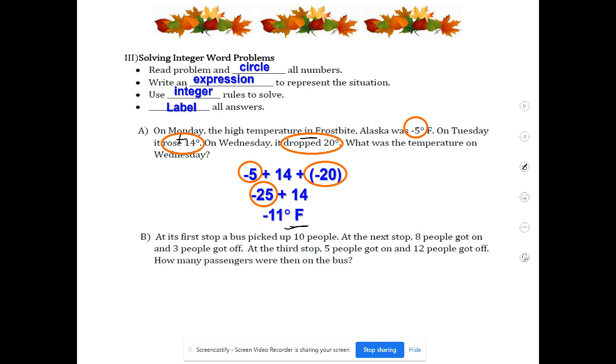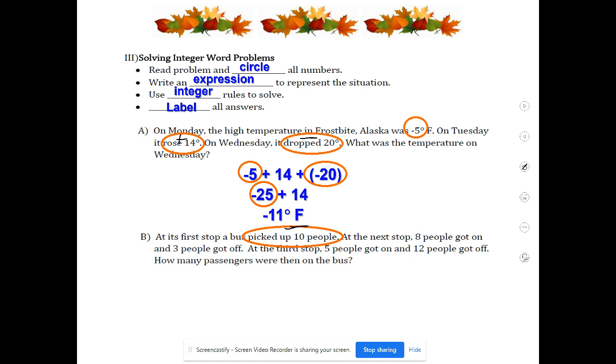Letter B says, at its first stop, a bus picked up 10 people. At the next stop, 8 people got on and 3 people got off. At the third stop, 5 people got on and 12 people got off. How many passengers were then on the bus? So if we picked up 10 people, that's our first number.